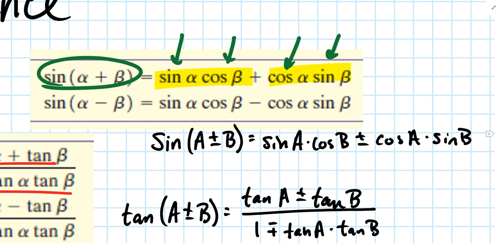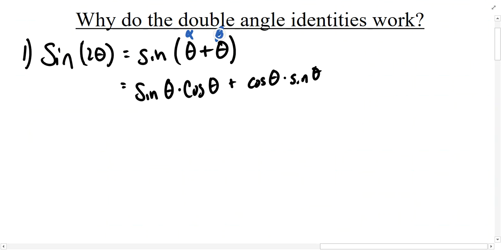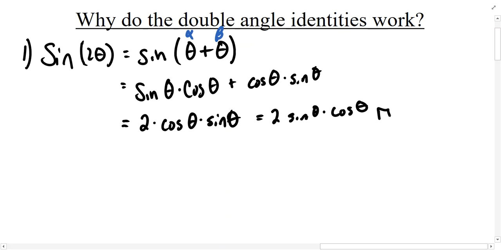And in the instance of today, both alpha and beta are represented by the letter theta, so we can write them this way with theta. And of course, sine theta times cosine theta is the same as cosine theta sine theta. So we could write those together and combine like terms to get cosine theta sine theta. You could also write it as 2 sine theta cosine theta, as was given in our handout today.